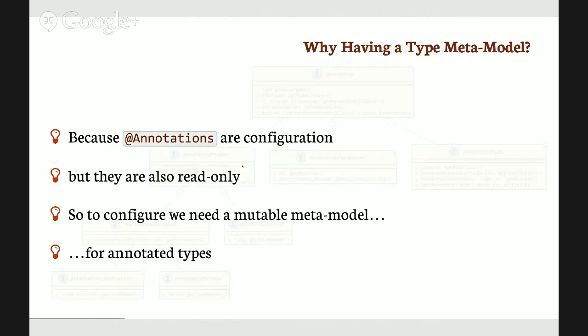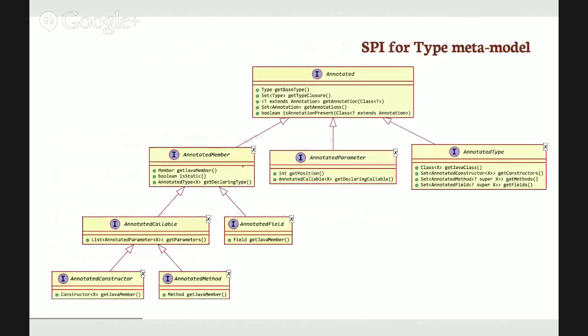If we look at the classes, don't be afraid, I won't go into all the details of all the interfaces. But if you look at those classes, it's not directly related to CDI. It's related to type. So you have this Annotated interface first, the parent of all other interfaces.